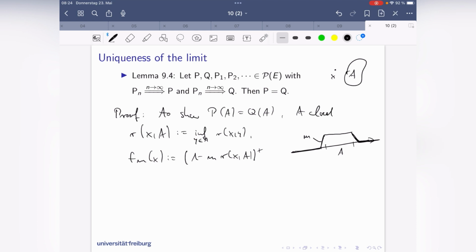If x is in A, the distance is 0, so you have 1. If you're further than 1 over m apart, you get 0, and in between you have a linear decrease of the function. And the point is, this is a continuous and bounded function.